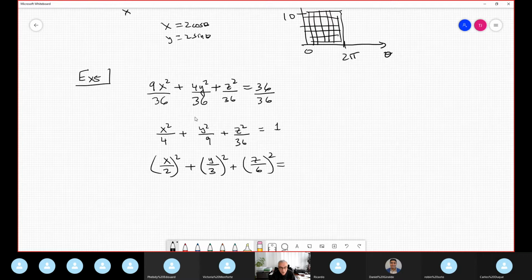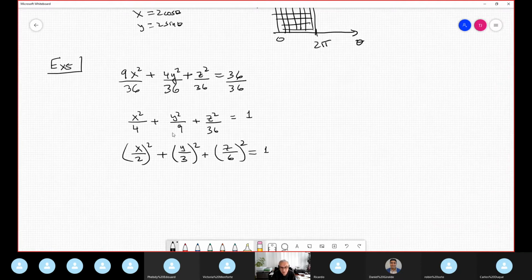More clear now. It's a moment to make a decision about what coordinates we use in the parameterization. I suppose it's spherical, because the sphere and the ellipsoid are family, no? So in spherical, x is equal to 2, the number here, times sine phi cosine theta.